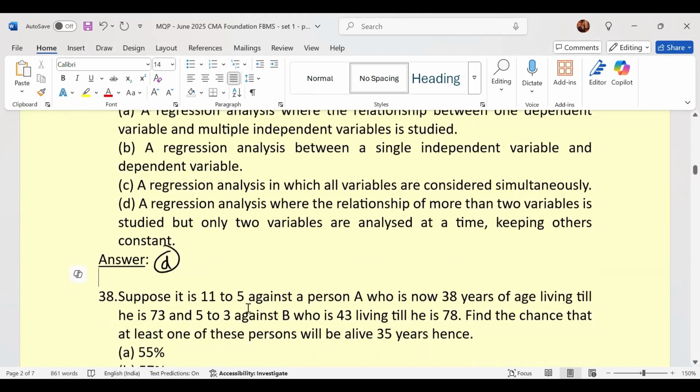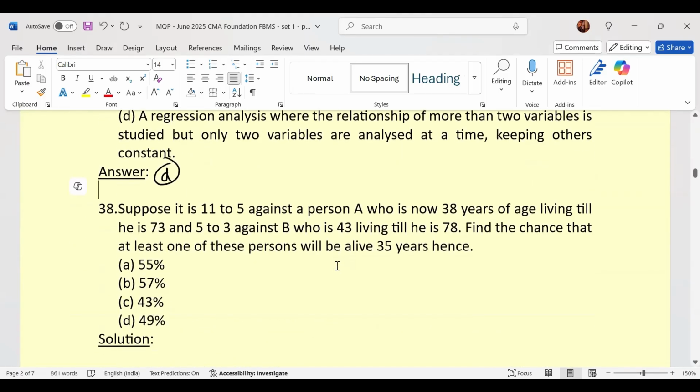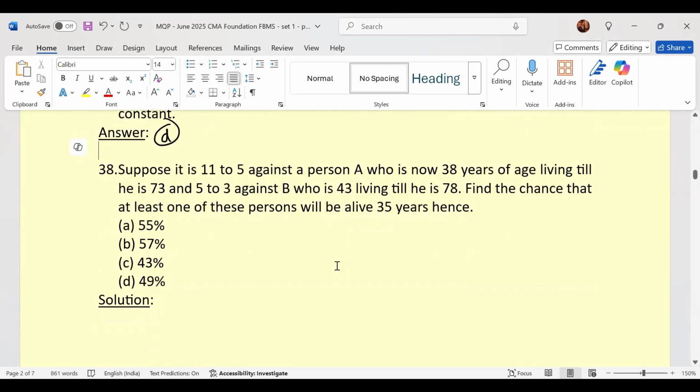Question 38. Suppose it is 11 to 1 against a person A who is now 38 years of age, living till he is 73, and 5 to 3 against B, who is 43, living till he is 78. Find the chance that at least one of these persons will be alive 35 years hence.